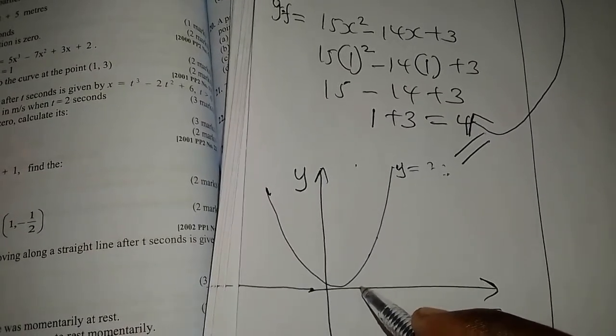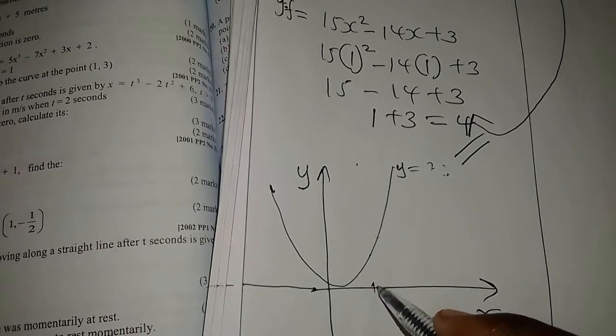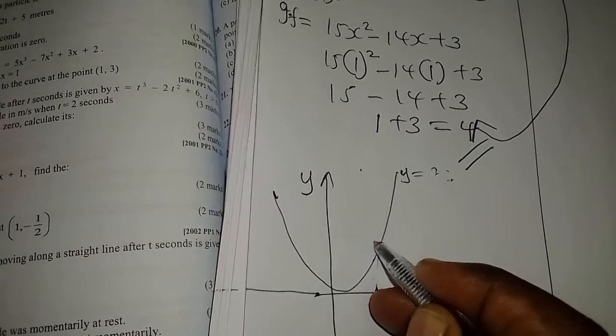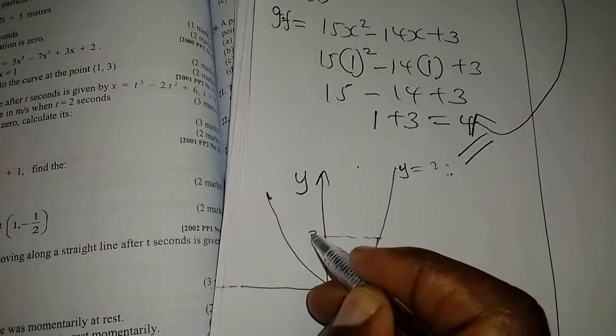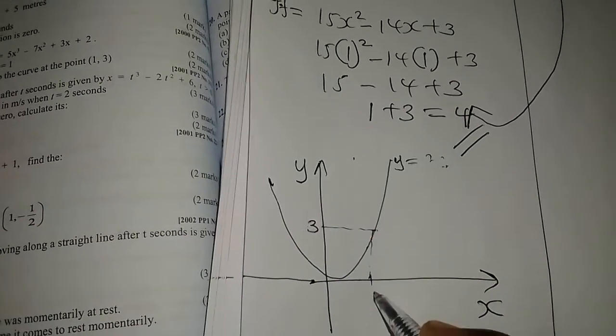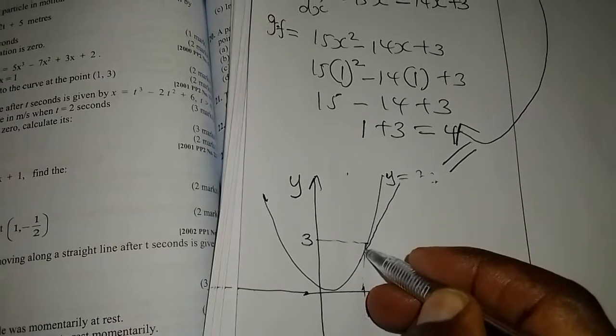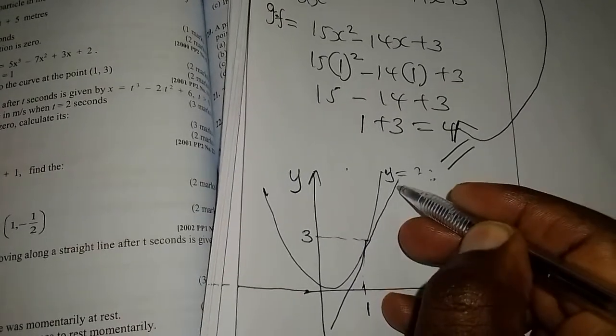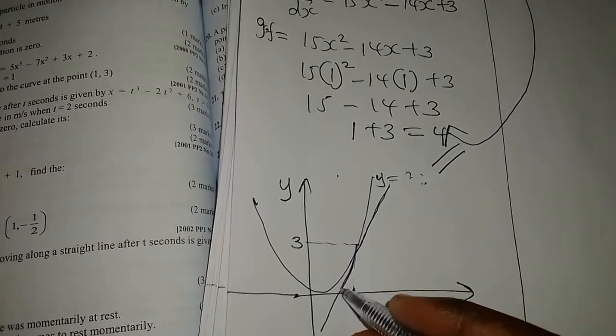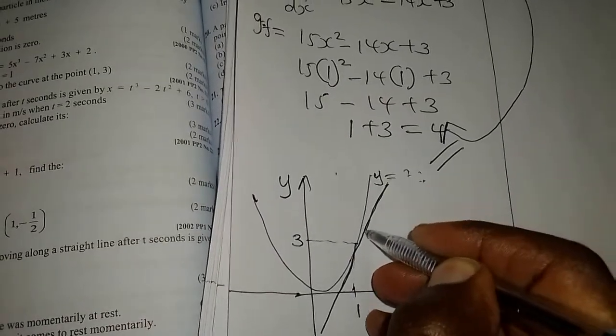Let me estimate and say it is here. So this is 3, the value of y, and this is 1, the value of x, just an estimate. So I have to draw a tangent here. Don't mind my drawing, just understand the concept. That one becomes a tangent.